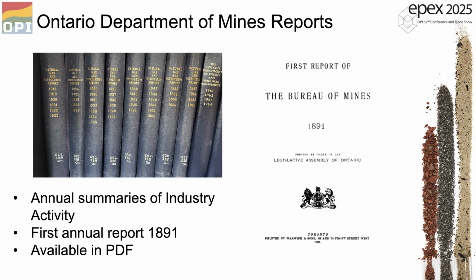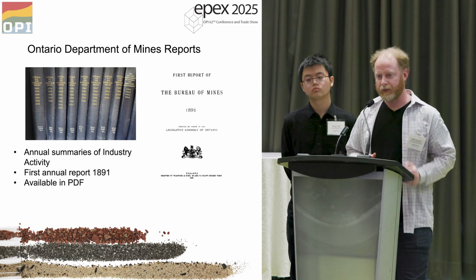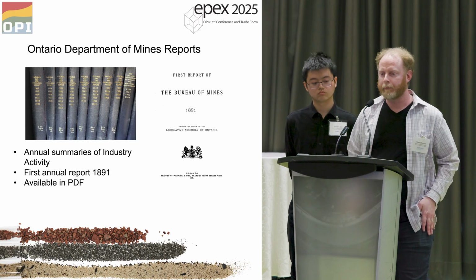We have a lot of these old reports, the Ontario Department of Mines reports, and they're a really valuable resource. They go back starting in 1891. A lot of these are available in PDF format for anyone interested. They're from the time, and they talk about what was going on at the time.